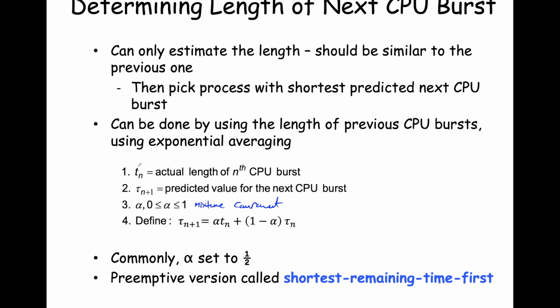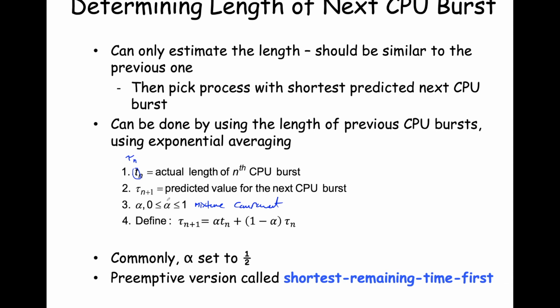Now, before we had an actual burst time T sub n, we also had a prediction, tau n, from before we measured T sub n. So we have this tau n from before, and then we measured T sub n, and now we're going to take the previous prediction and the current measurement and use that to calculate a value of the next prediction.